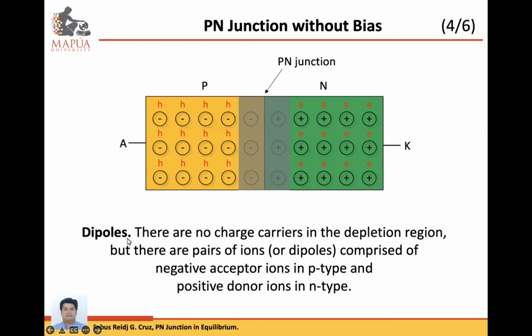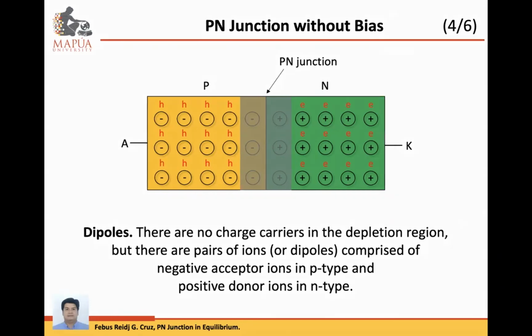Within the depletion region, there are no charge carriers, but there are pairs of ions, or dipoles, comprised of the negative acceptor ions in the p-type side and the positive donor ions in the n-type side. All right? Is it clear so far? Yes po, sir. All right, thank you.